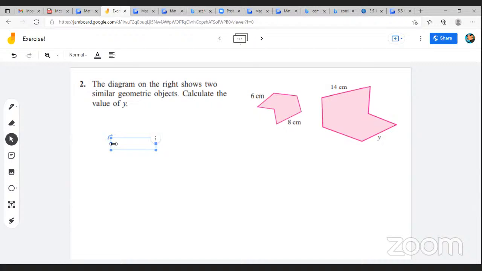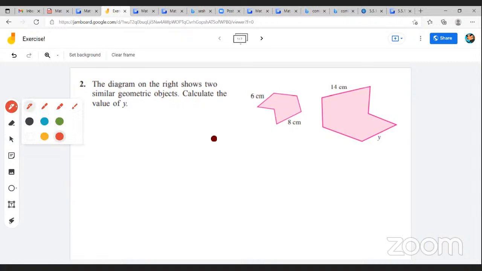Calculate the value of y. You may choose not to answer if you're too shy or afraid to, but it would be a great honor if you would answer as well. First thing we want to do is find out what side y is congruent to.